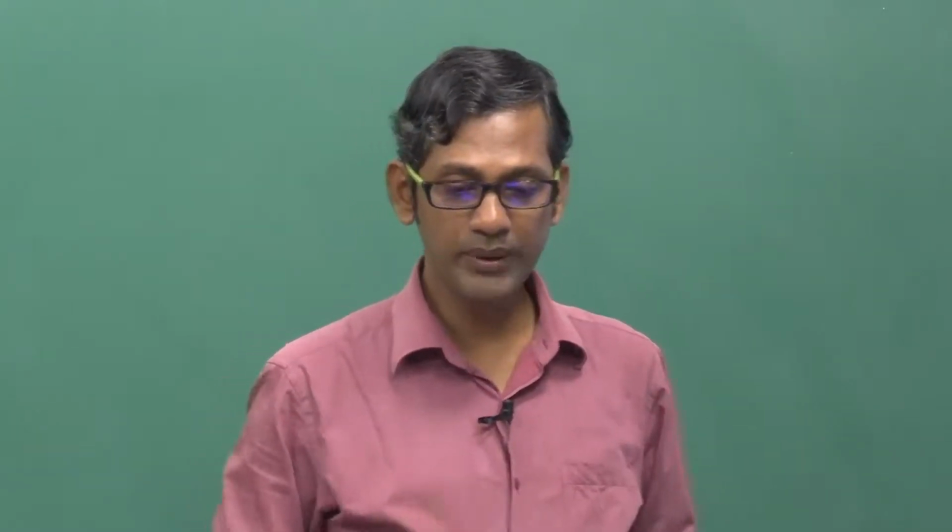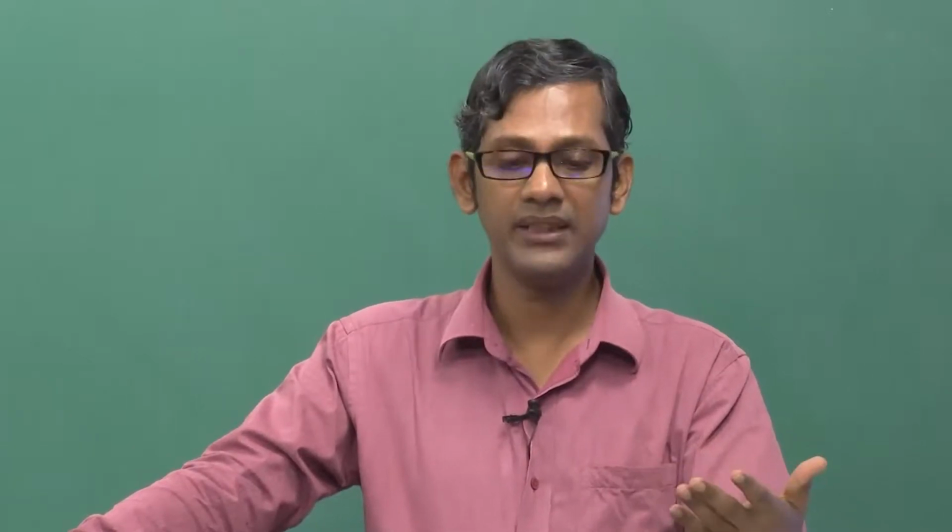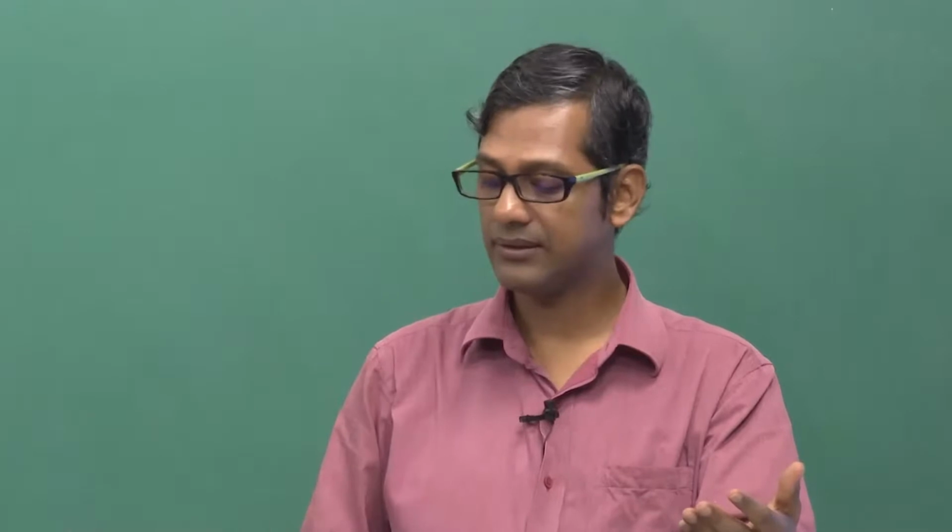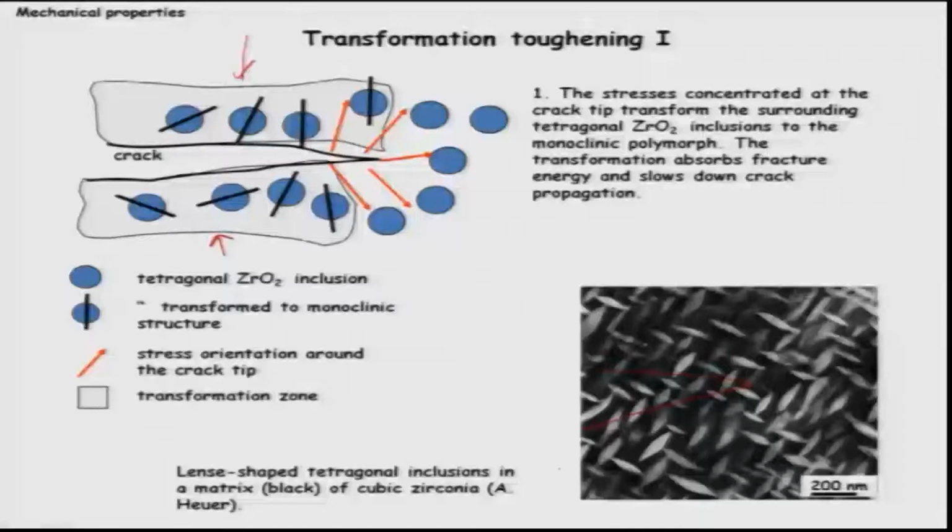So there are three ways of doing this kind of transformation toughening. The phase transformation is very simple, tetragonal to monoclinic, with a volume change of about 4.7% increase, but the modes in which it operates can vary. It depends on whether you have a simple crack like that one I showed you moving, and near the crack you have a transform zone, and the transform zone can lead to compressive stress.